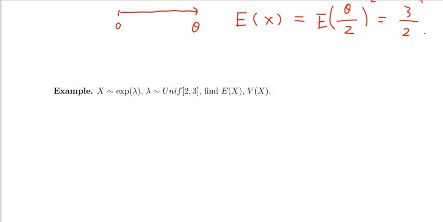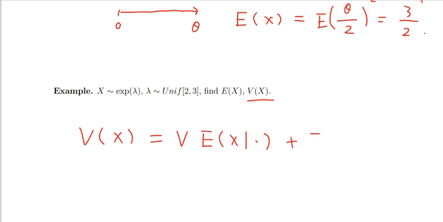For this problem, suppose we want to find the variance for x. The variance for x should be VE plus EV. What does this mean?